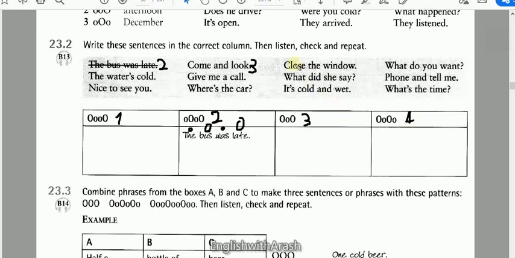Why number 4? Let me see. Close the window.